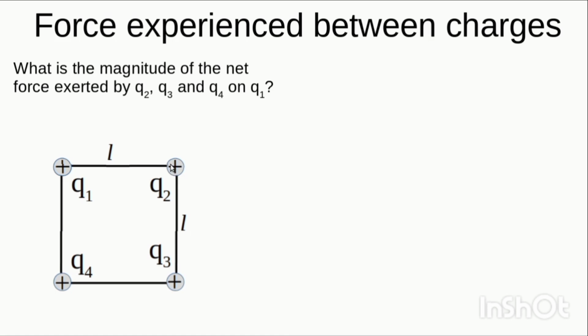The force experienced by this on this is given by, although we can also note that the length from here to here, using Pythagoras theorem, is the square root of 2 times L. So we have it as L square root of 2. Then the force experienced by this on this is given because we assume that this and this are all fixed, and this one can easily move.